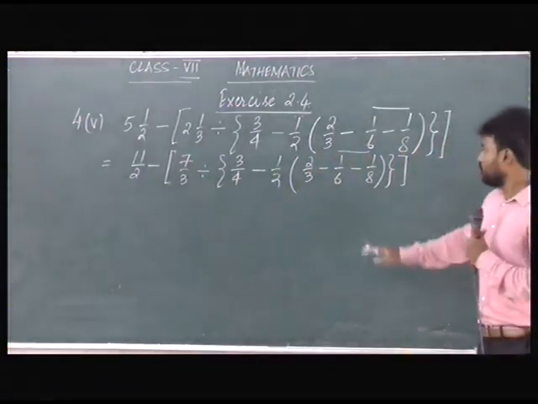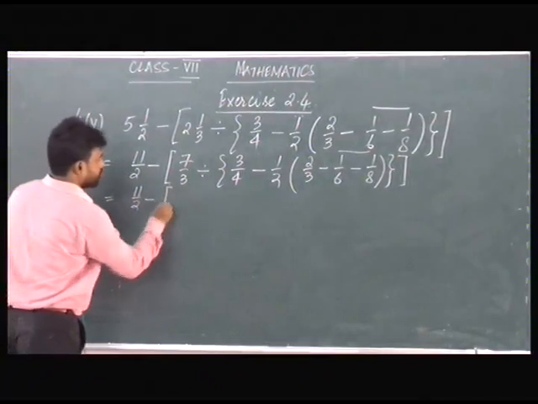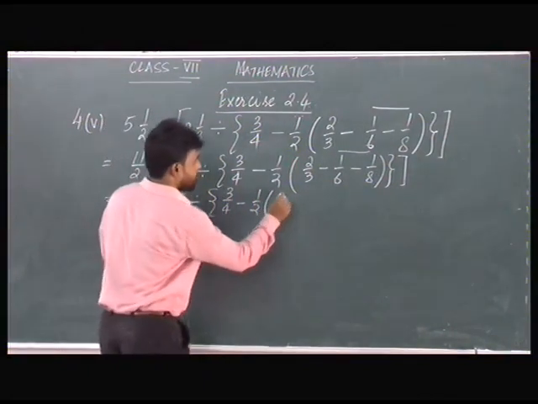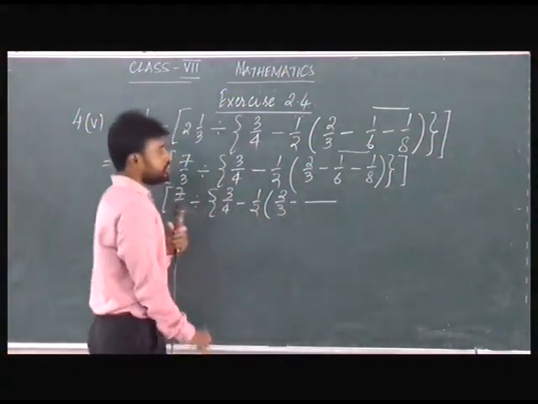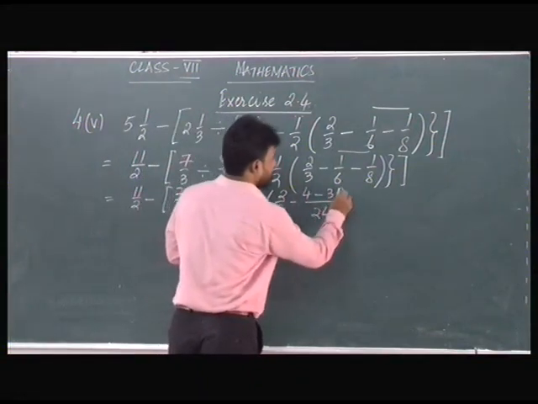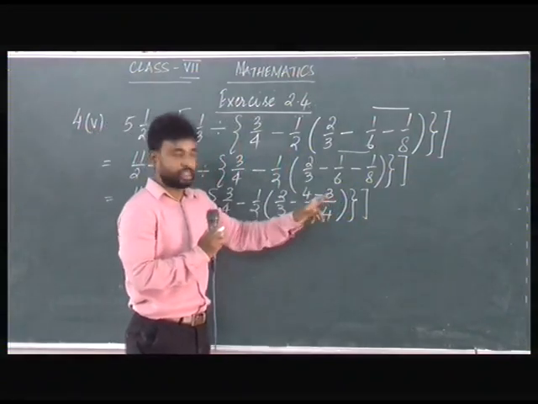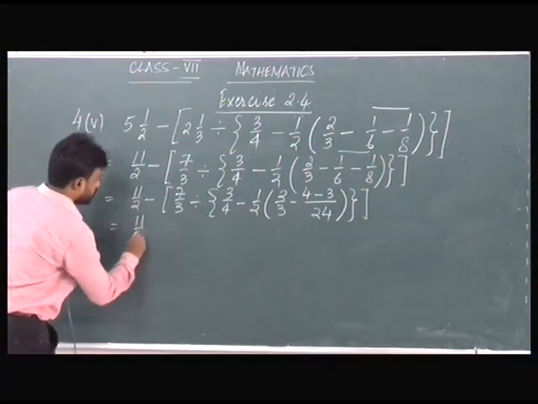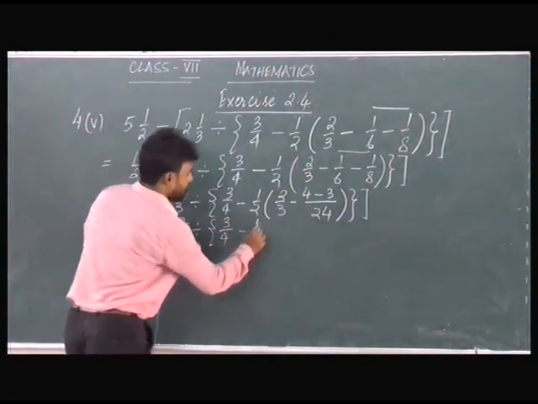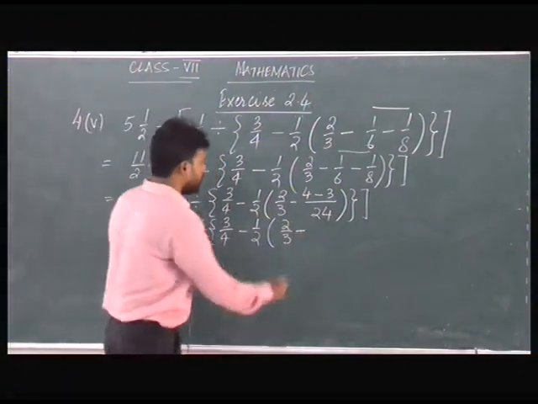In the next step, we'll solve the bar first. 6 and 8 LCM will be 24. 6 will go 4 times, so you have 4 here, 8 will go 3 times, so you have 3 here. So ultimately the answer will be 1 by 24.